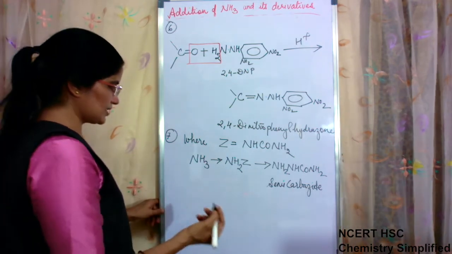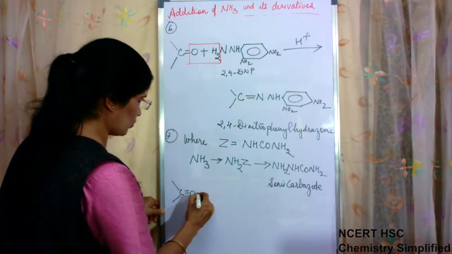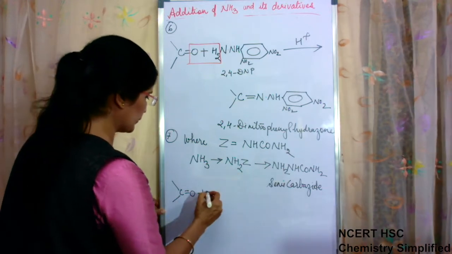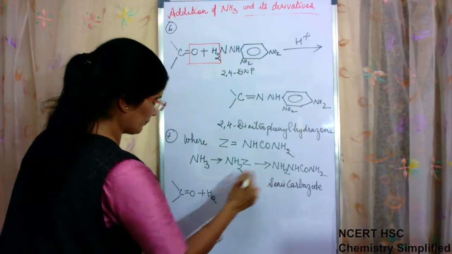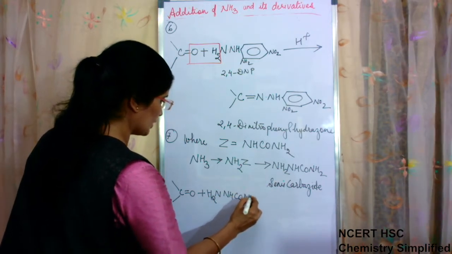Now the reaction with semicarbazide: C double bond O, when it reacts with this molecule, H2 written before, then N, NHCO, NH2.